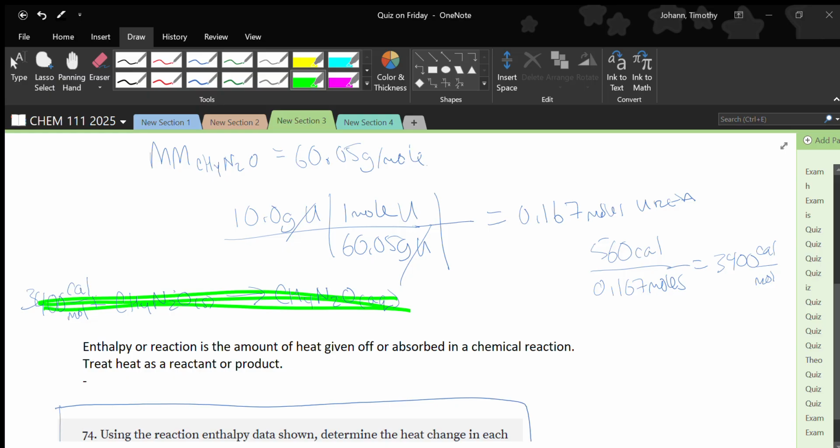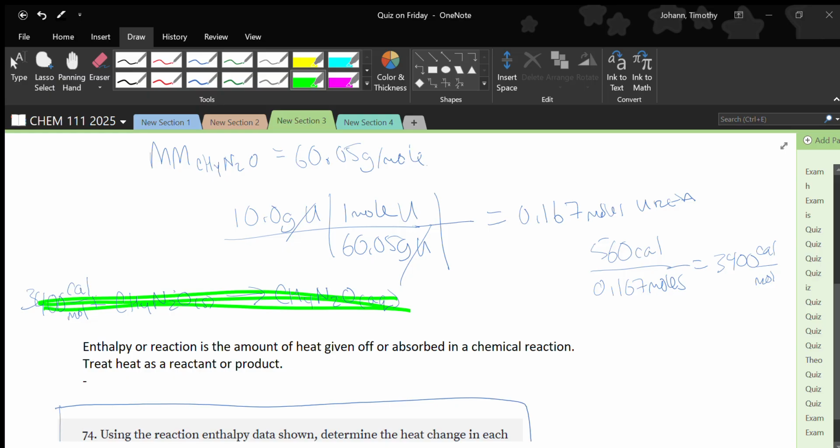The path might be different. I could heat my urea up, I could synthesize urea, I could break it down and synthesize it again, but I could go from here to here in a different way. Let's say I could break this down into its component elements, I could resynthesize it, and then I could redissolve it.